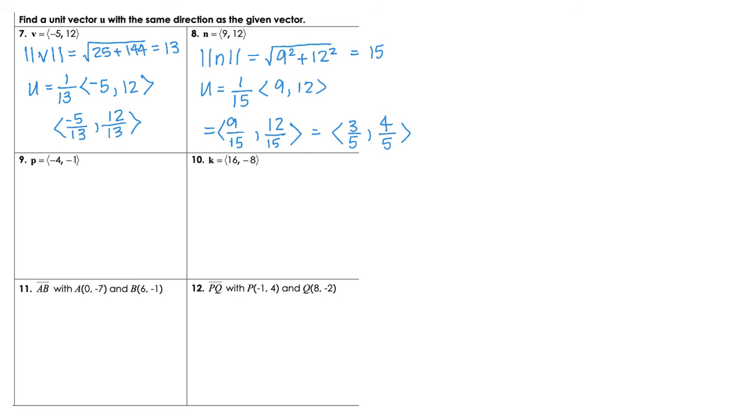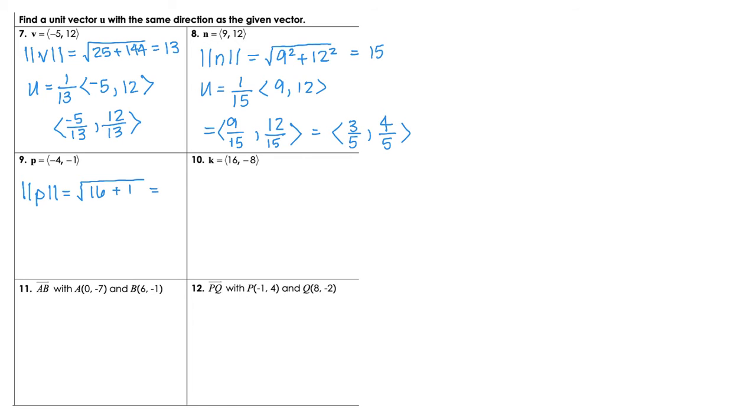Number 9. And we're going to leave this as a radical. This one doesn't work out so nice and neat. We're going to talk about the magnitude of P. And it's going to be the square root of 4 squared, which is 16, plus 1 squared, which is 1.